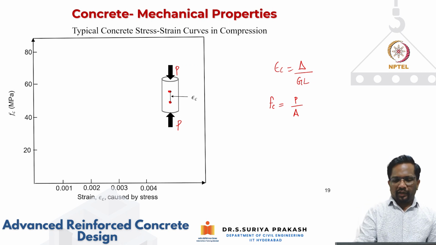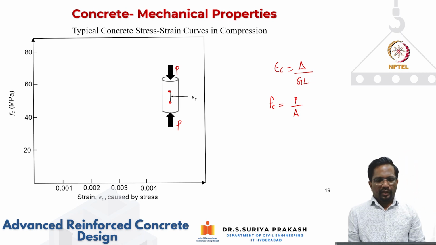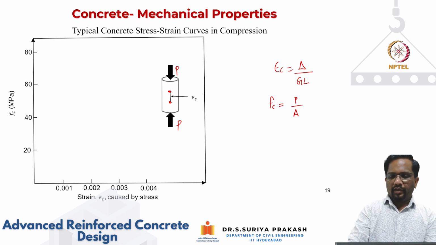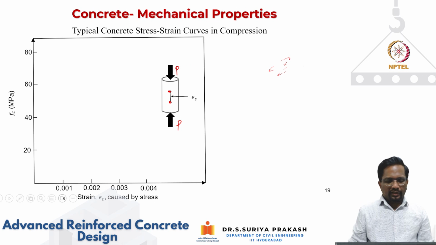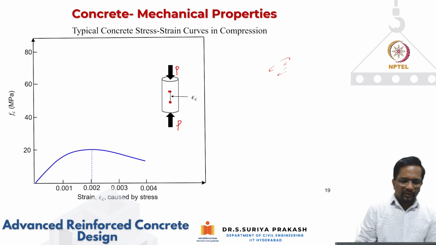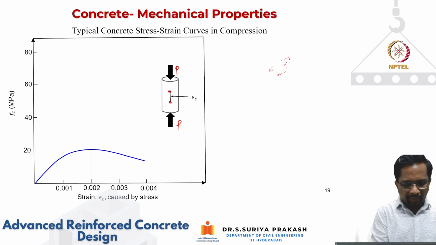So in this way, I can get for any load application what is the stress, and if I measure this delta, and if I know the gauge length, I can also get my strain epsilon c at any point of time, right? So let's see that. So I do this exercise, and I test concretes of different grades. Let's see how the stress strain curve behavior is going to look. Now this is the way it is going to be for a 20 megapascal concrete.